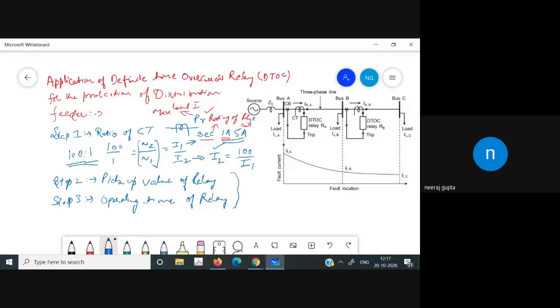Together, these are known as the settings of the relay.